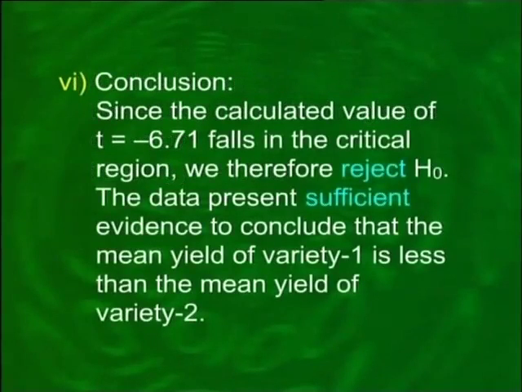The last step, of course, is the conclusion. Our value is minus 6.71, which is far out in the left tail, and therefore we reject the null hypothesis. And therefore we conclude that there is sufficient evidence for us to say that mu1 is less than mu2. यानी variety 1 की yield जो है on the average, it is less than the yield of variety 2.